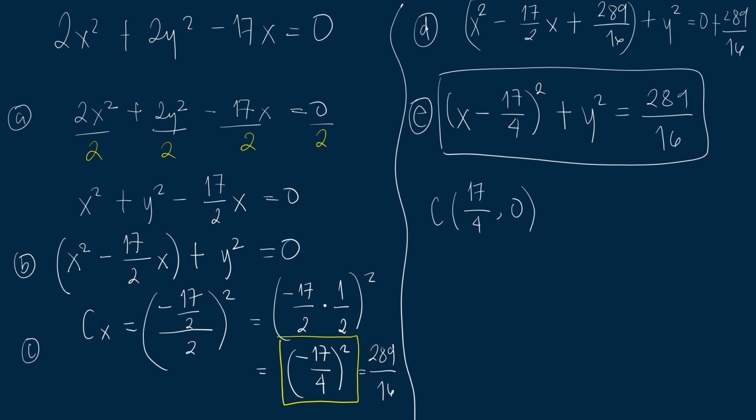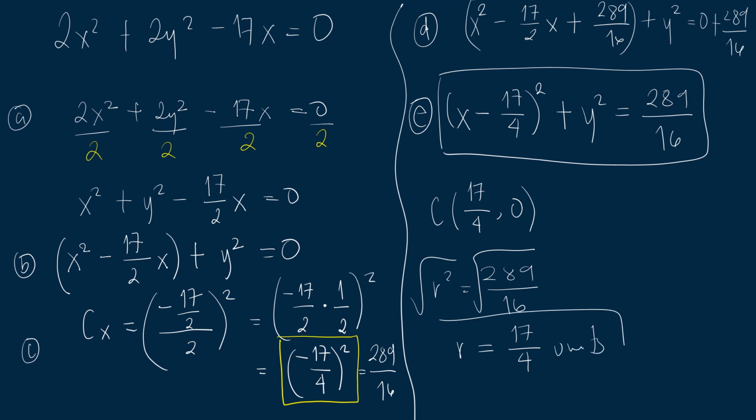So wala naman tayong nakikitang ibang value, kaya 0 na po yun automatically. And then for our r squared, it is equal to 289 over 16. Get the square root. So therefore, our radius is equal to 17 over 4 units. You can write it into decimal format as long as it is in 4 decimal places.